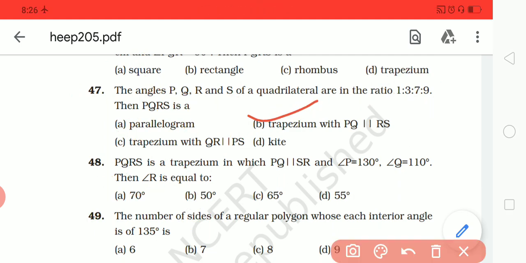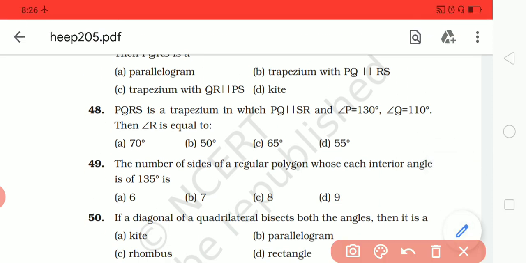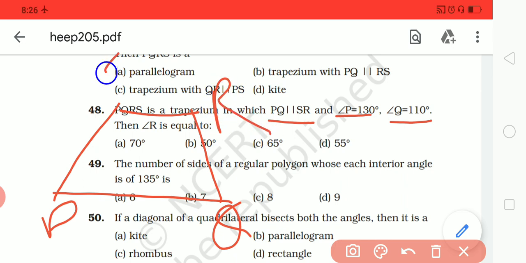Come to 48th question. PQRS is a trapezium in which PQ and SR are parallel sides. P is 130, Q is 110, then R is. Okay, I'm roughly drawing a PQRS trapezium. We have been given that PQ and SR are parallel sides, angle P is 130 degrees, and also Q is 110 degrees.